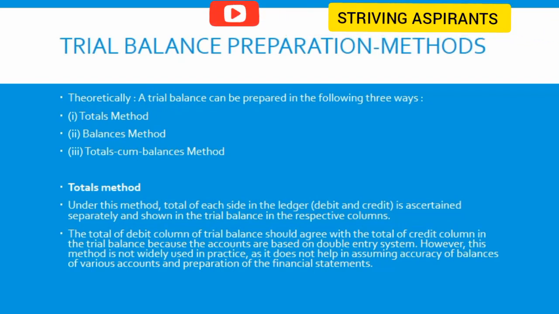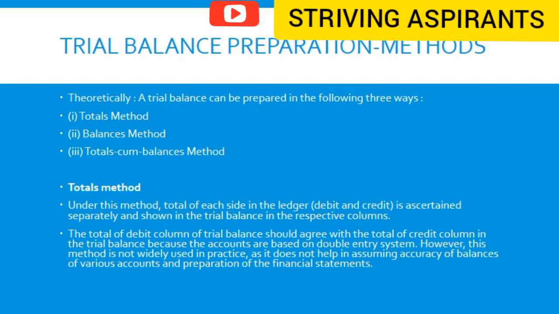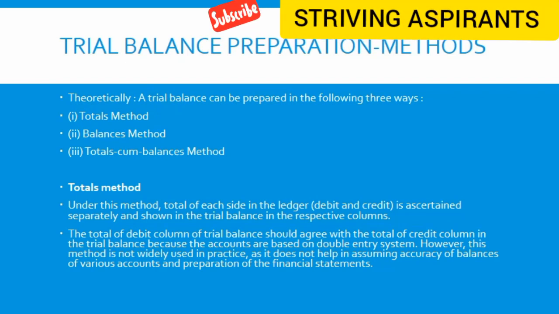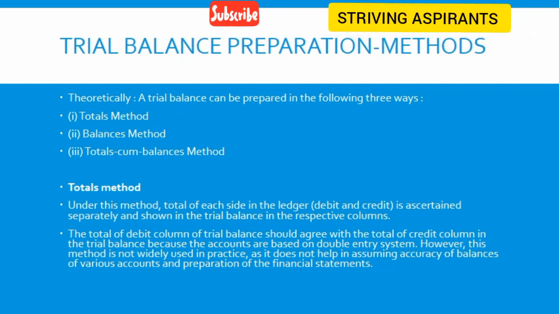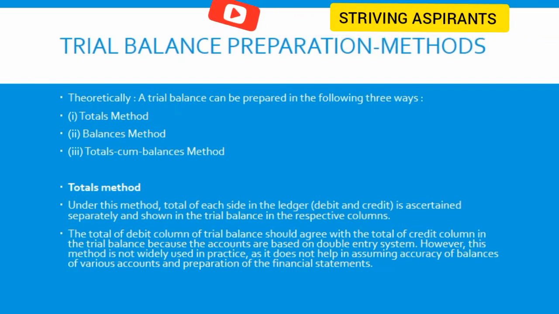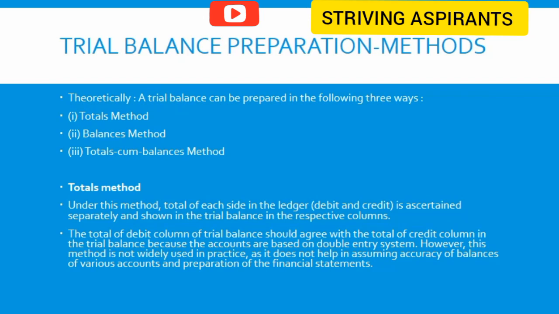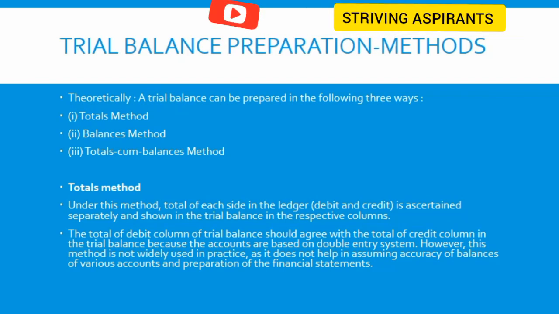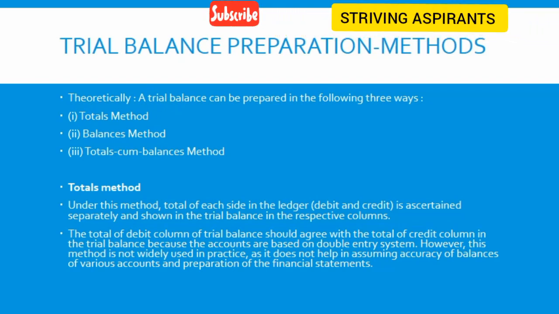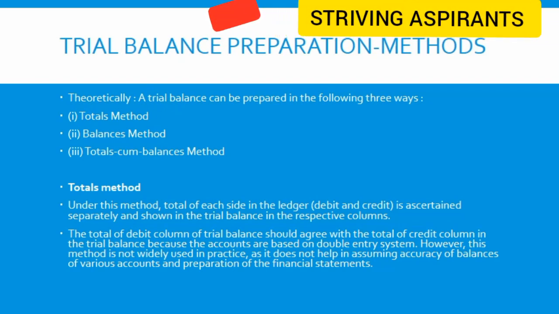Let's see the ways to prepare the trial balance under the totals method. Under this method, the total of each side in the ledger, that is debit and credit, is ascertained separately and shown in the trial balance in the respective column.